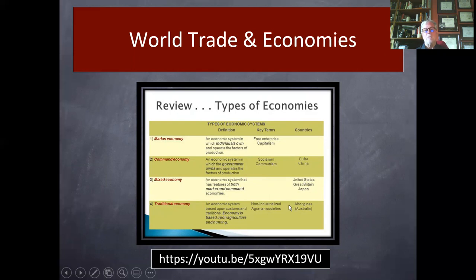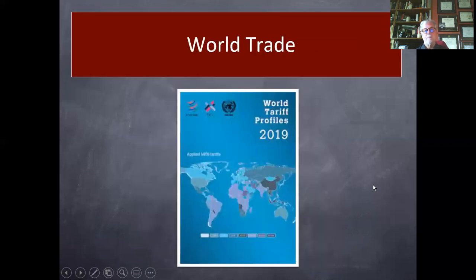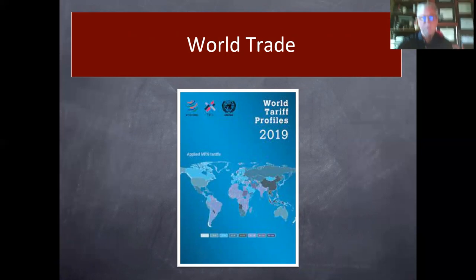There's no industrialization, rather agrarian, and these would be the Aboriginal people in Australia. The World Trade Organization produces a summary every year of world tariff profiles. If you really want to read something that could put you to sleep, you can get your hands on these or find them on the internet.